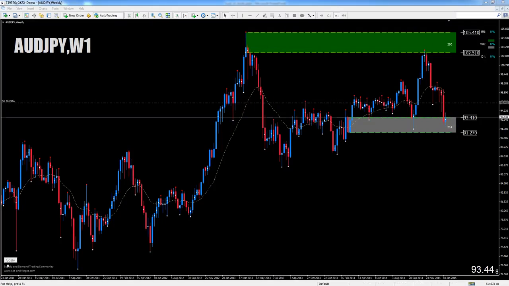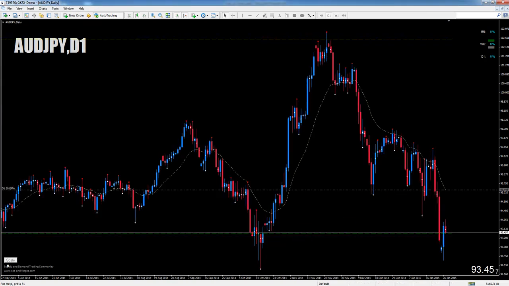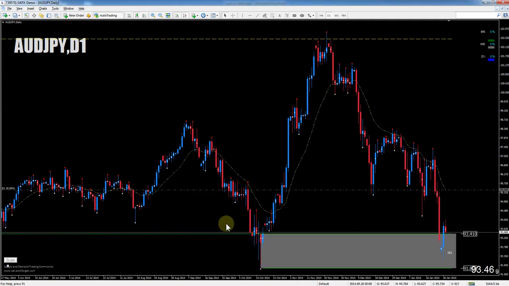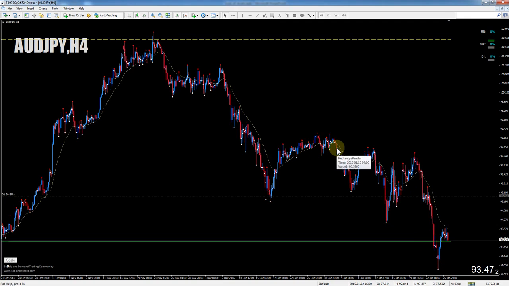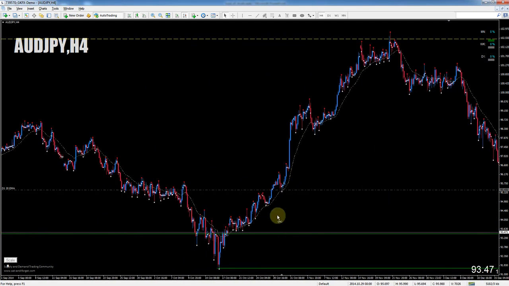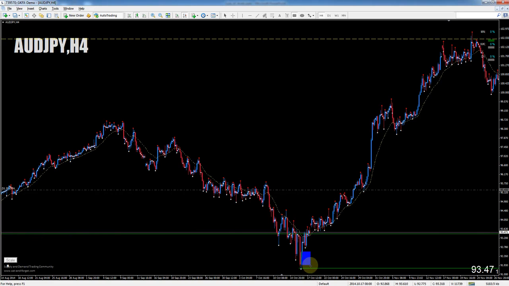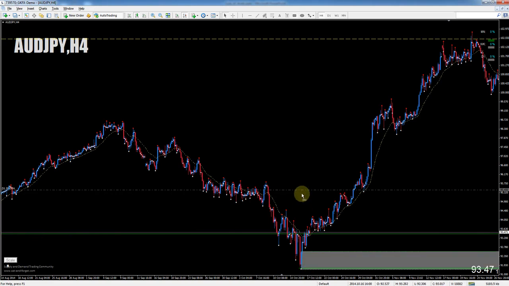When price drops into this area of supply demand on the weekly, we drill it down and go to daily and see we have good levels. Yes, we have another level here, spiky, so we have to wait for confirmation as per the rules. Then if we drill it down to the 4-hour, we go back, this would be a nice level. It is well located.